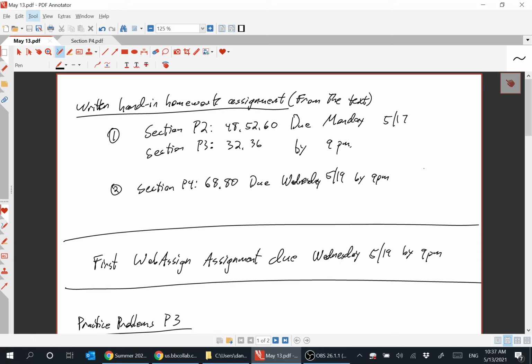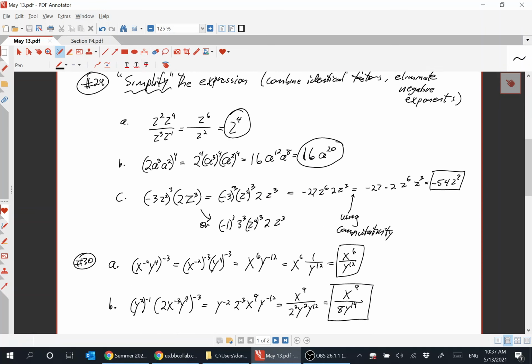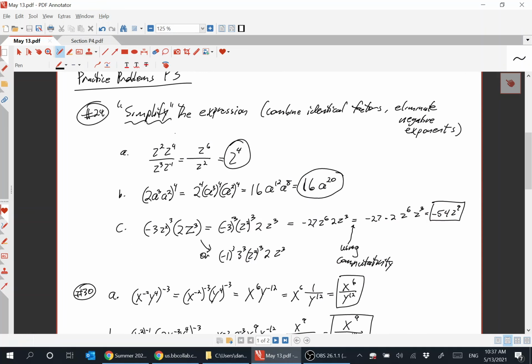All right, so back to section P2 or P3. We did several problems yesterday. Here they are.